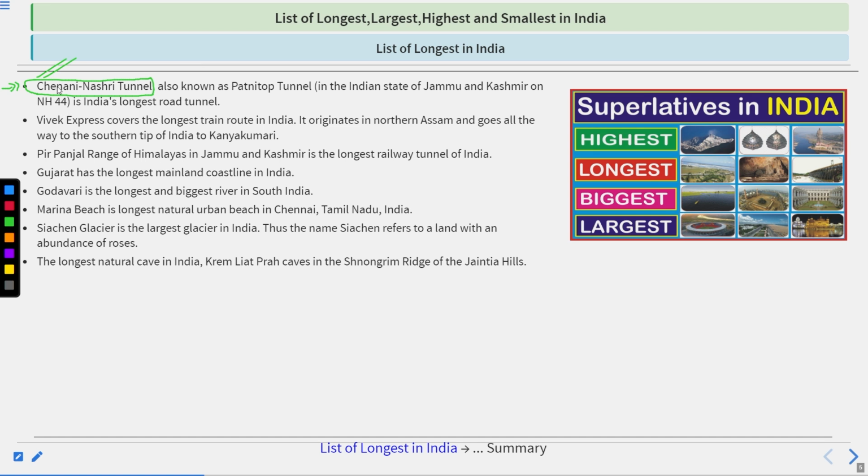Chenani Nashri Tunnel, it is also known as the Patnitop Tunnel. Okay. And it is in the Indian state of Jammu and Kashmir on NH44, which is India's longest road tunnel. Got it?